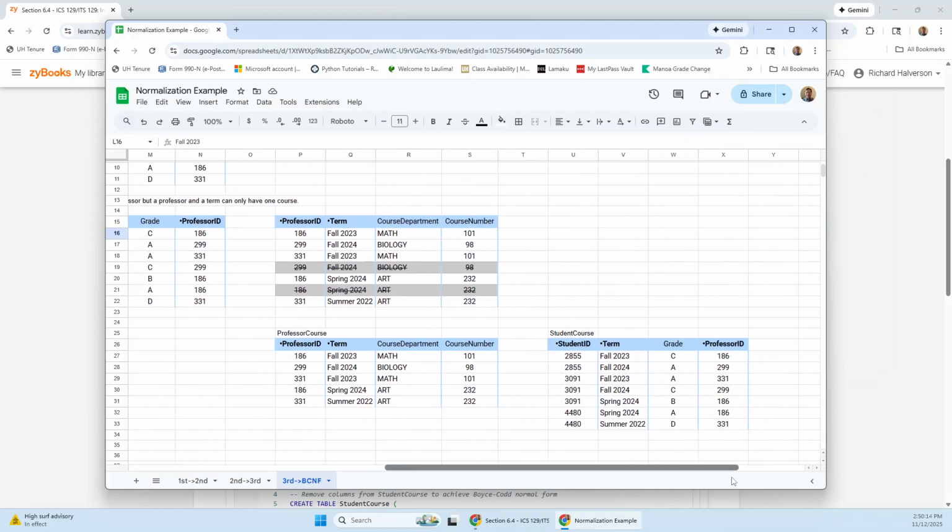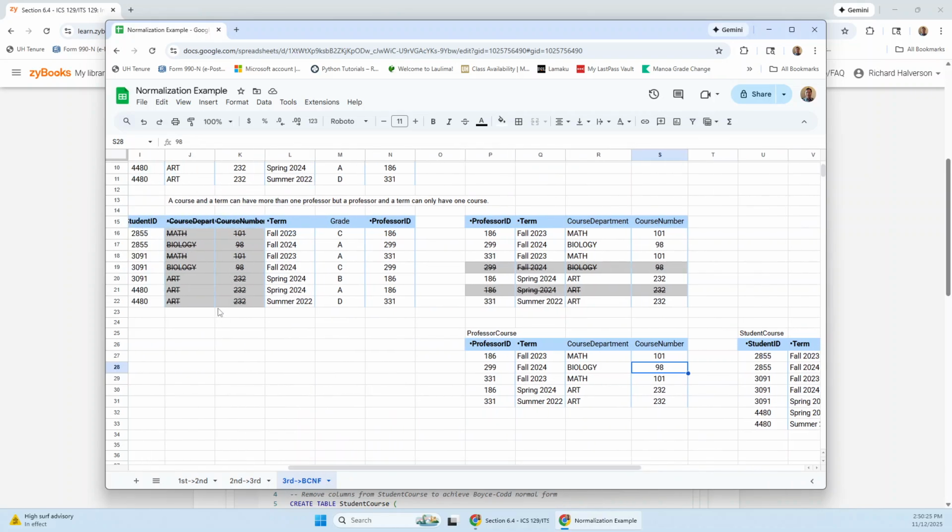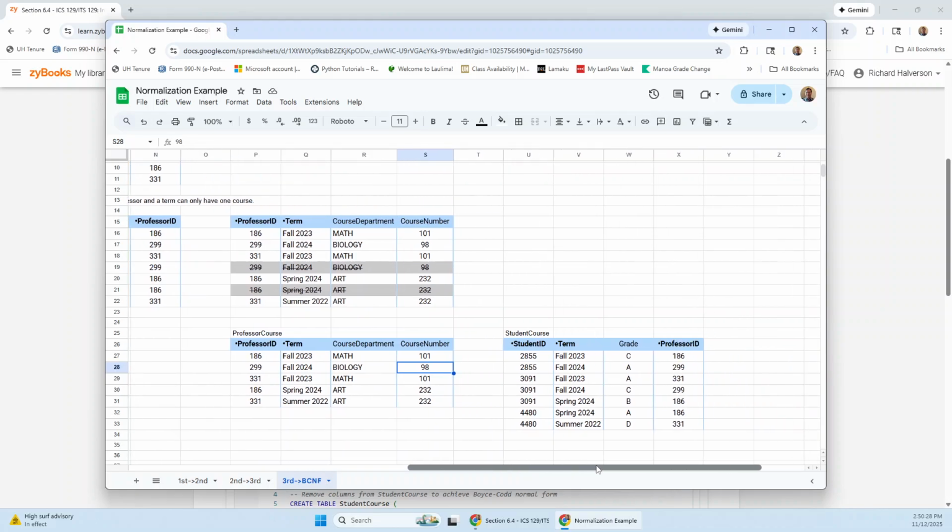So the professor ID and the term determines the course, and then what's left after removing these two columns is simply this table.